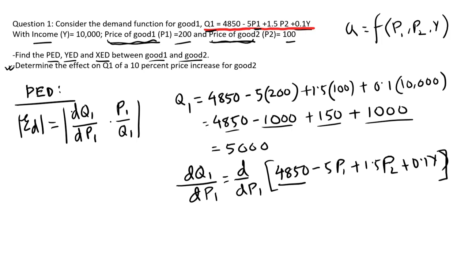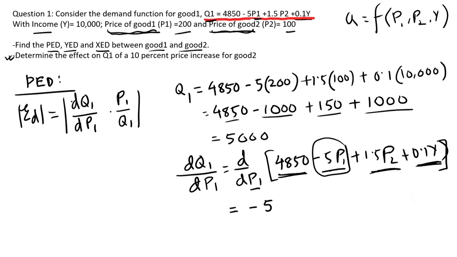I need to consider P2 as constant and also Y as constant. So the derivative of these three terms should be 0. If I just take the derivative of minus 5P1 with respect to P1, this becomes negative 5. And all these three terms derivative should be 0, as the derivative of a constant is 0.